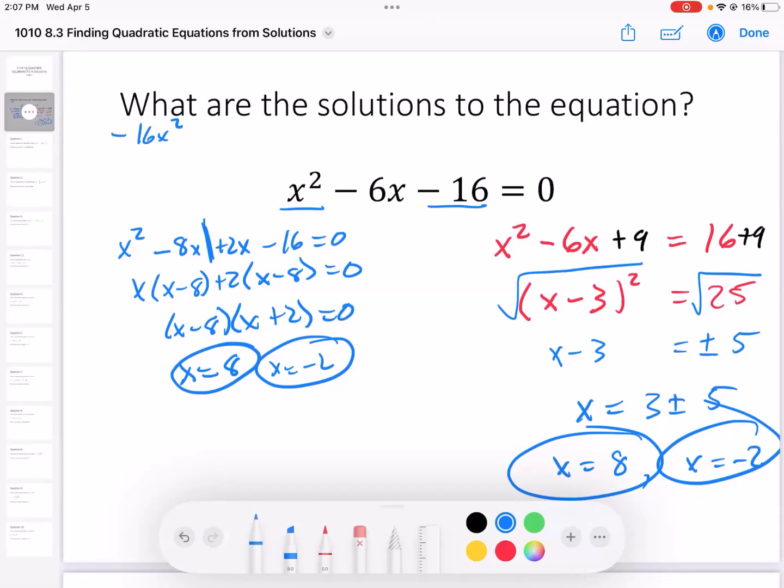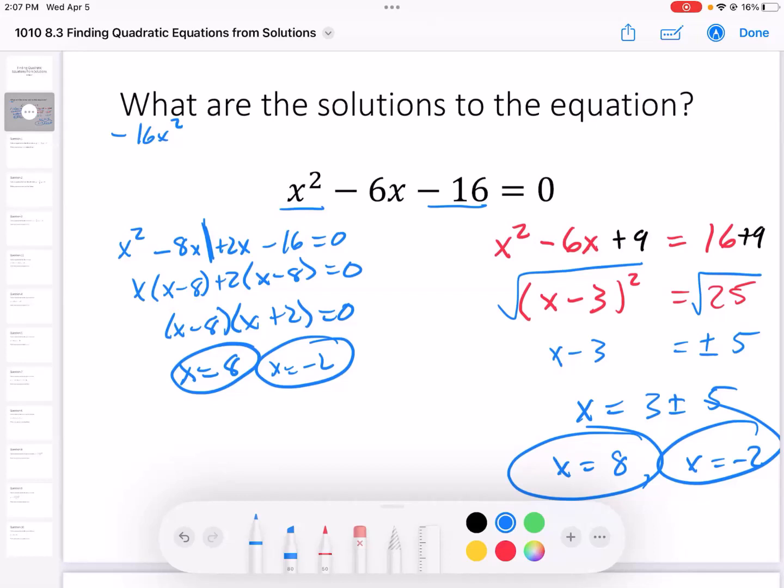And then the way that I got here was by doing the square root. So if I'm working backwards, then I'll square it. And if you square this, you'll end up with this polynomial. And when you square a plus or minus, a positive times a positive equals a positive, and a negative times a negative also equals a positive.